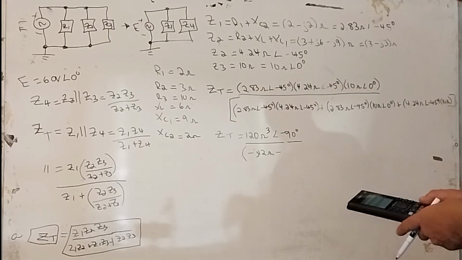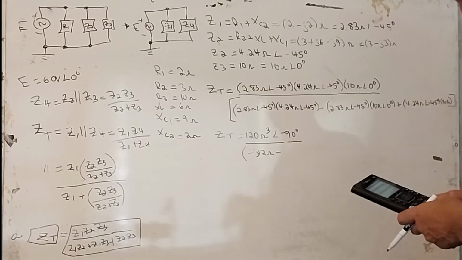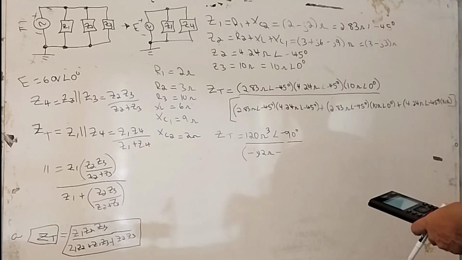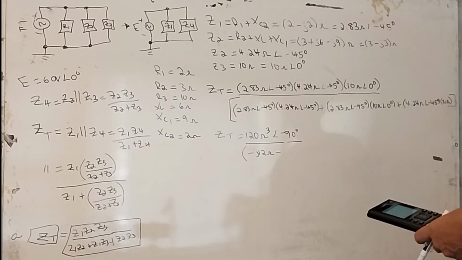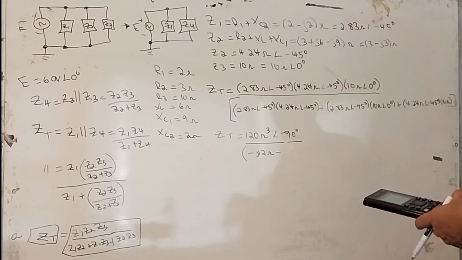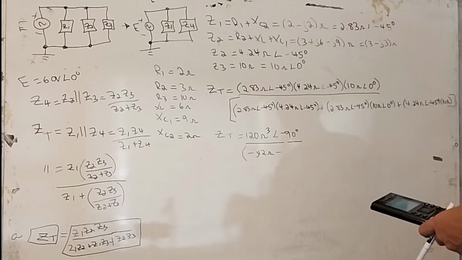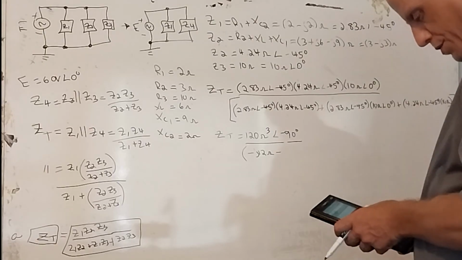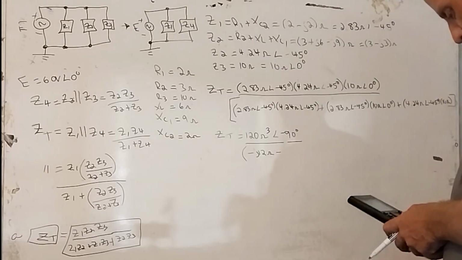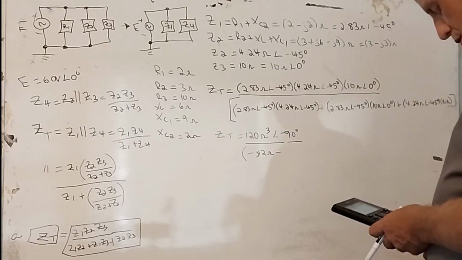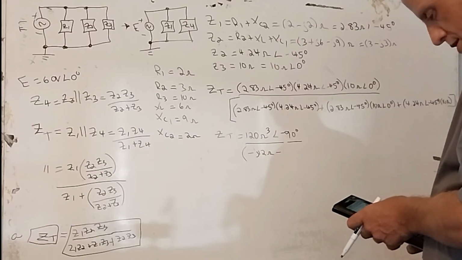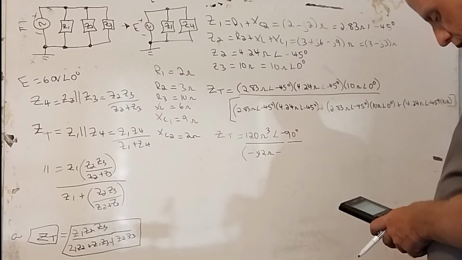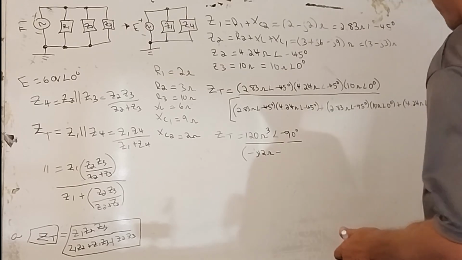Let's just figure that out now. 2.83, which is B, times 10. No, 2.83. Where did that come from? Oh, that's A. A times 10, right. And then that times the cosine of negative 45 degrees is 20. And then that value times the sine of negative 45 degrees is negative 20.